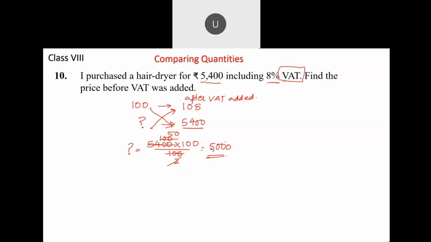How do we put this in a sentence? Because we cannot write it in the examination like this. It should not be written like that. So how do we write?